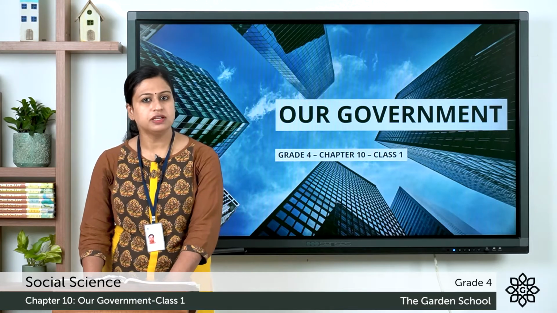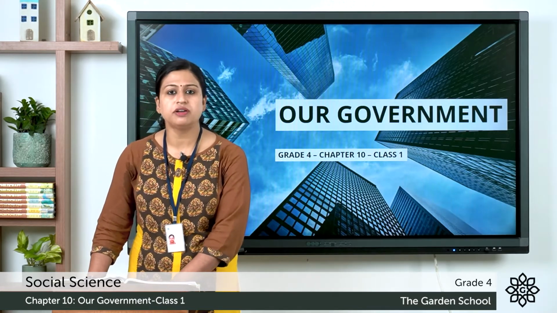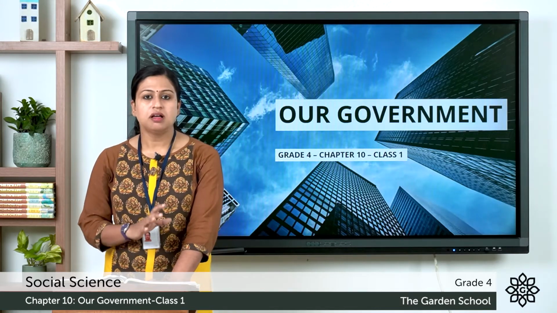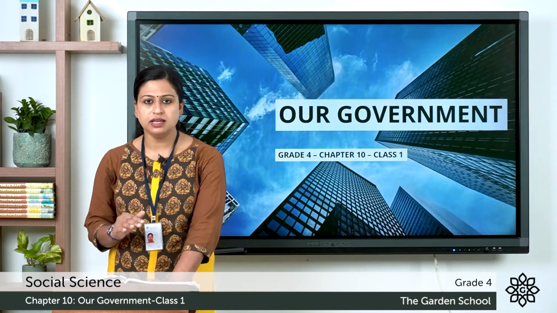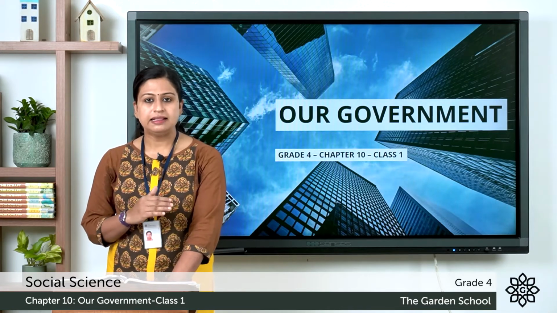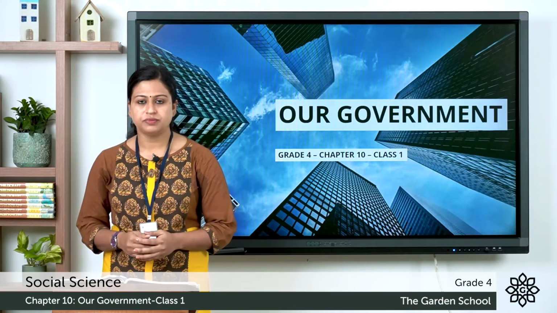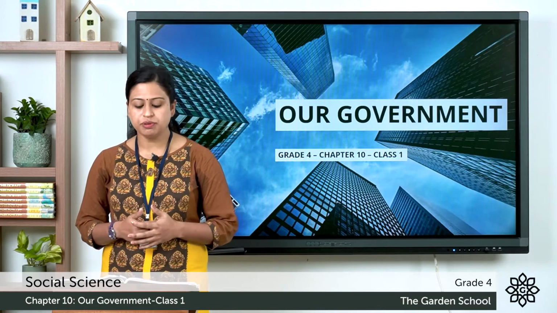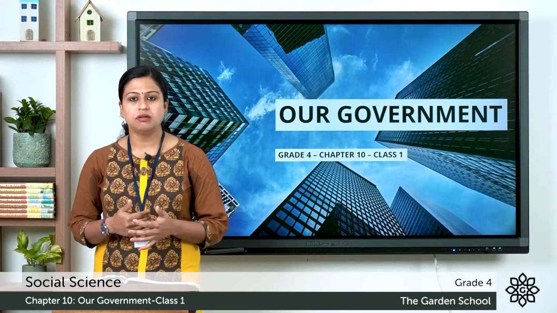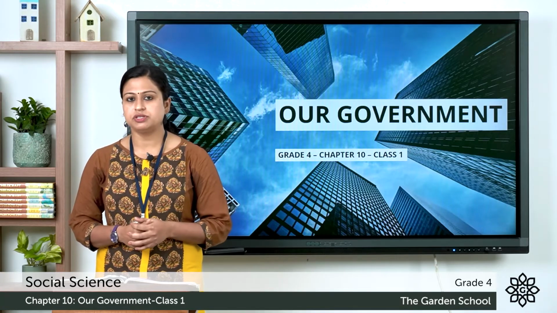Next, the functions of the state government. A few functions are that they are in charge of law and order of that state, transport, health services and so on. Next one, local self-government. Under it come Gram Panchayat, Municipal Corporation, Municipal Council and Nagar Panchayat.